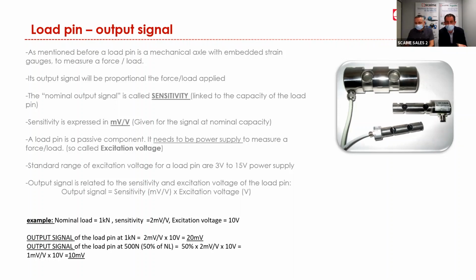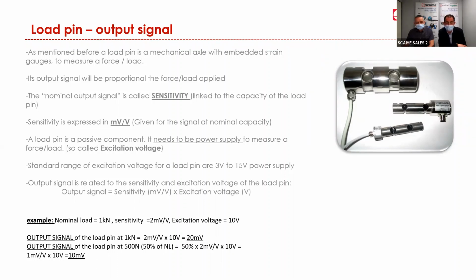Let's take an example with a load pin having a measuring range, so a nominal load, of 1 kilonewton, 1000 Newton, offering a sensitivity of 2 millivolt per volt, which is the sensitivity at maximum load, so corresponding to 1 kilonewton. And with an excitation voltage coming from the electronics you will be using of 10 volt.